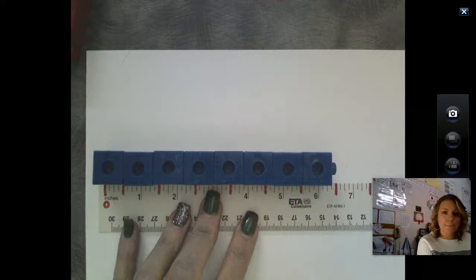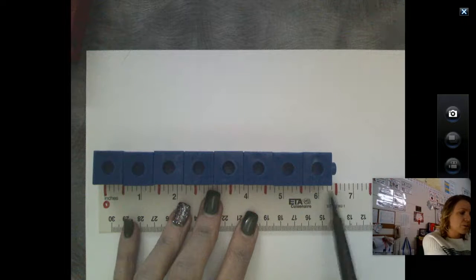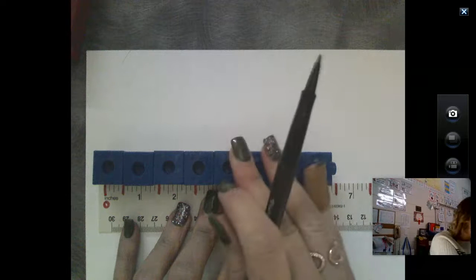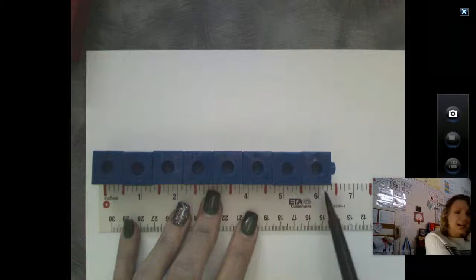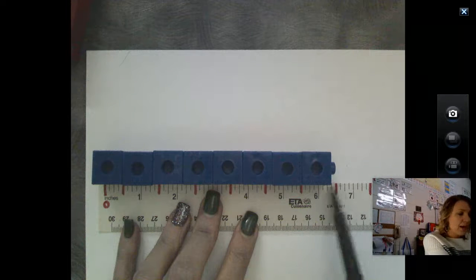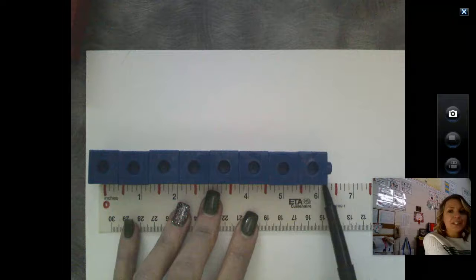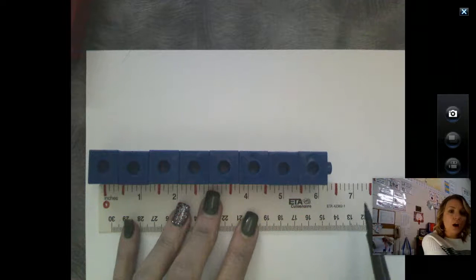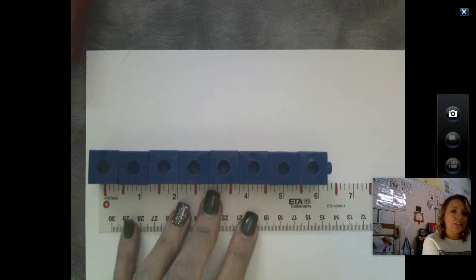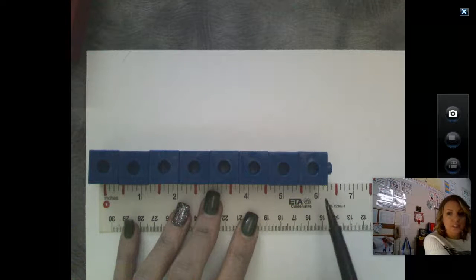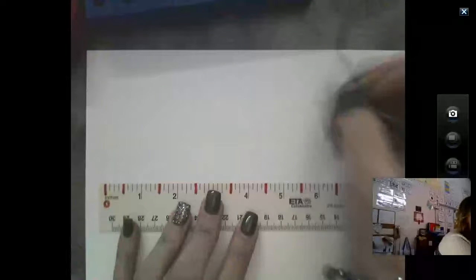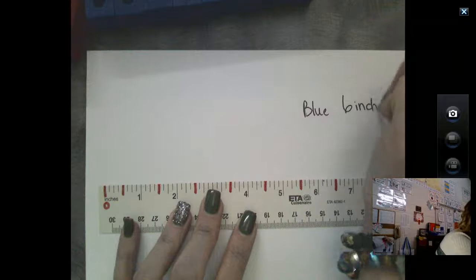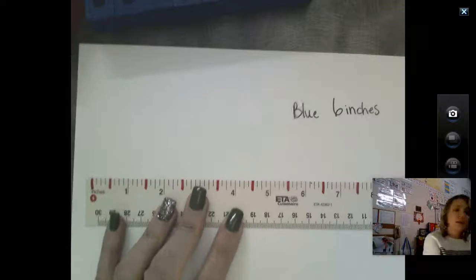Okay, boys and girls? Now, when I go to measure, I see that it goes a tiny bit past the 6. But it doesn't make it all the way to 6.5. So for our purposes this year, we're going to say it's closer to 6. So we're going to say the blue is 6 inches. Okay?